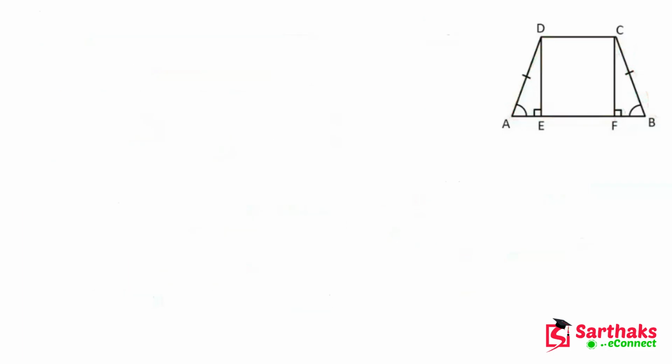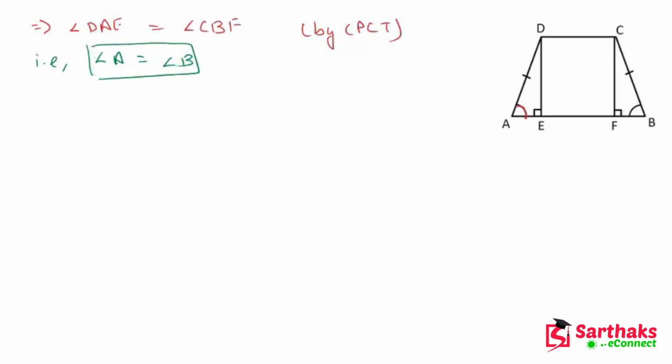So we can write that angle DAE, this angle, is equal to angle CBF by CPCT, corresponding parts of congruent triangles. It means we can say that angle A is equal to angle B. Let's suppose this is equation number 1.